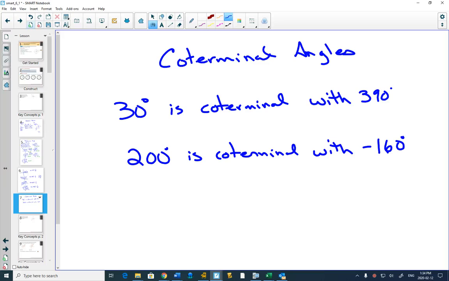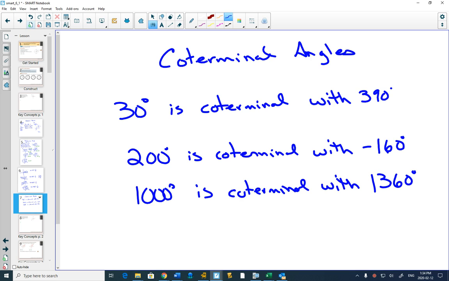I'll give you one more example. 1,000 degrees is coterminal with 1,360 degrees.